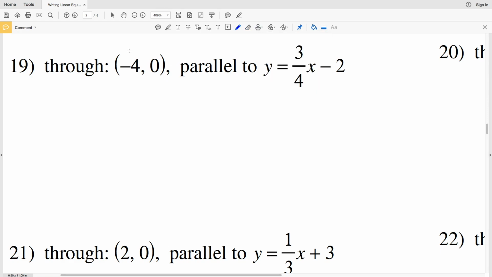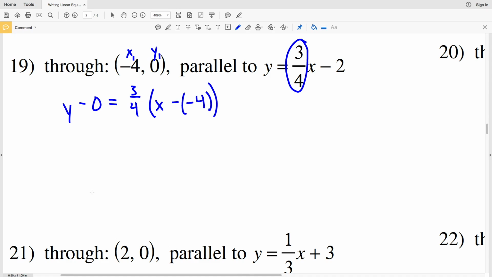In number 19, our x1 is negative 4, our y1 is 0, and it's parallel to y equals 3/4 x minus 2. And parallel means it has the same slope, and the slope is that 3/4. So y minus y1 is y minus 0, and that's equal to m, so 3/4 times x minus x1, which is that negative 4.